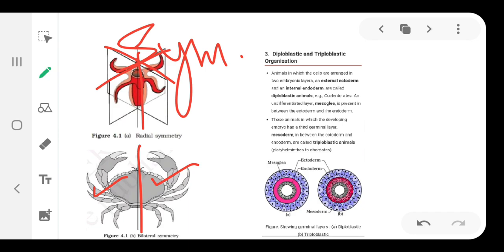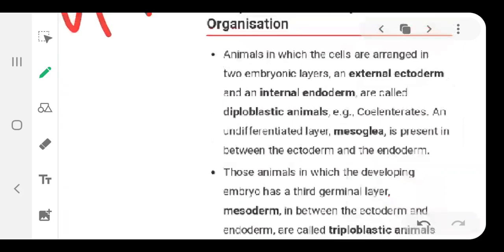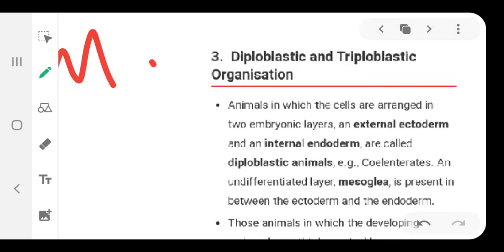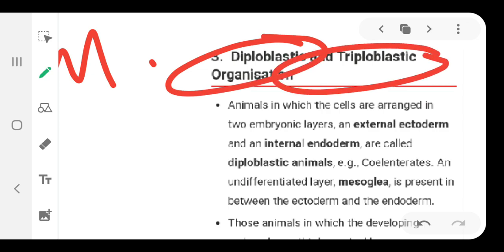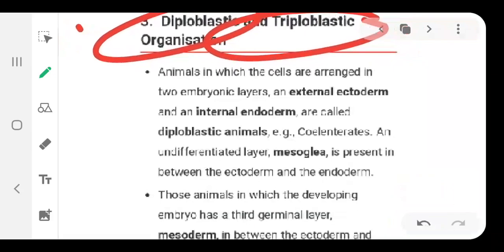So, the first part of how to classify these animals is the definition of symmetry and the terms used for its explanation. Second is again a term we are going to use many times in this chapter, diploblastic or triploblastic. Make sure the names are known to you. These terms are very important for all. First is diploblastic, or triploblastic. Now, check out the definition. These are animals in which the cells are arranged in 2 embryonic layers.